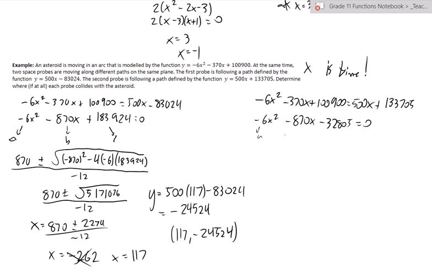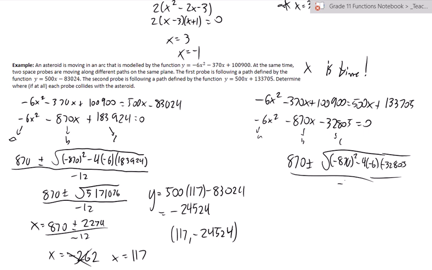We have a, b, and c. Using the quadratic formula, we have 870 plus or minus the square root of negative 870 squared minus 4 times negative 6 times negative 32,805, all over negative 12.